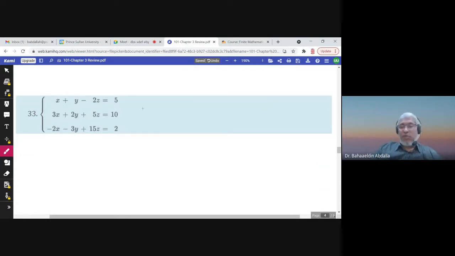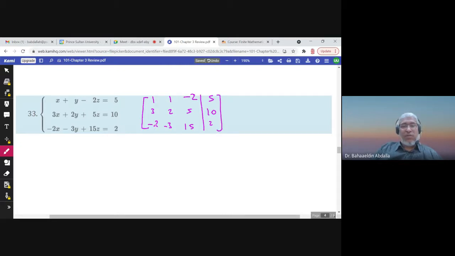Same question. So let us write the augmented matrix. 1, 3, negative 2, 1, 2, negative 3, and negative 2, 5, and 15, and this is 5, 10, and 2.